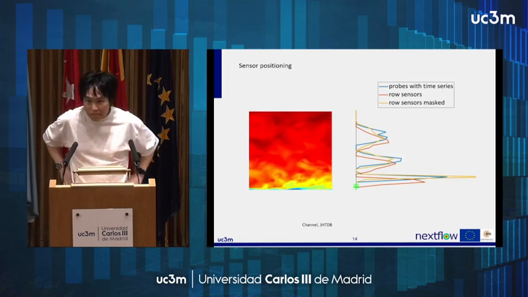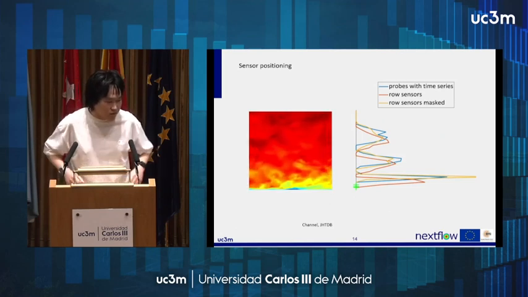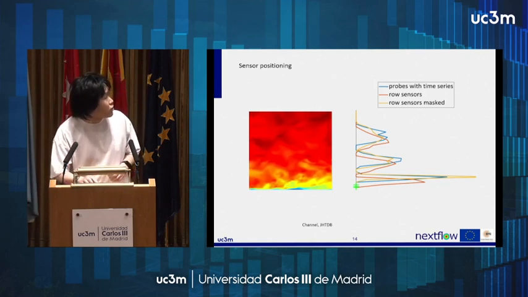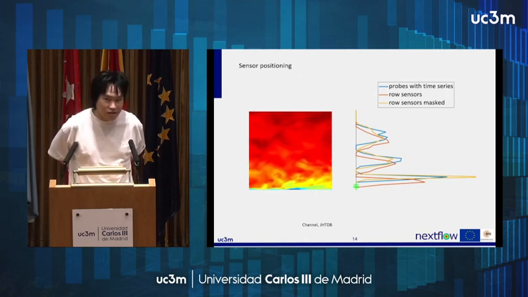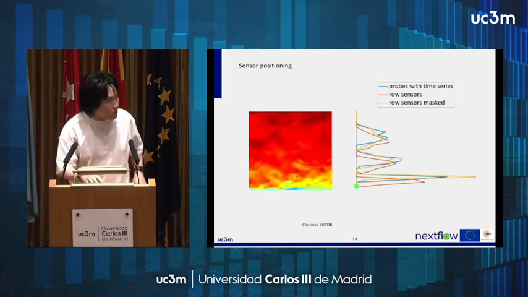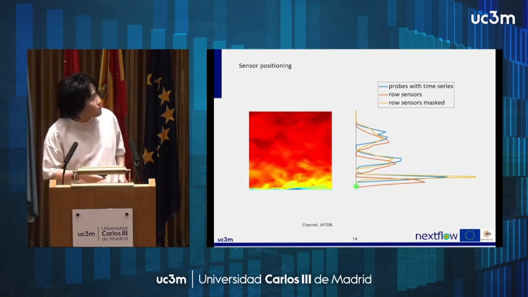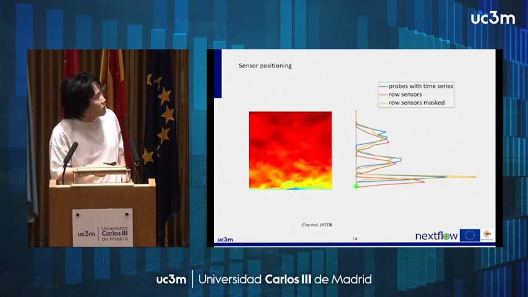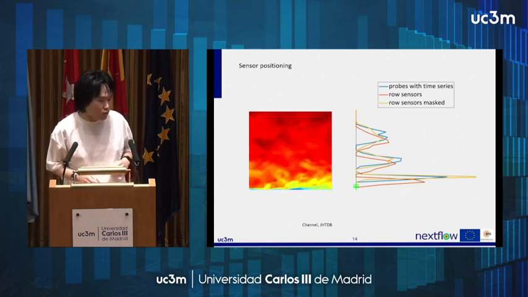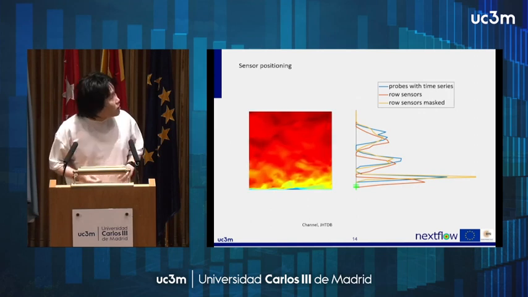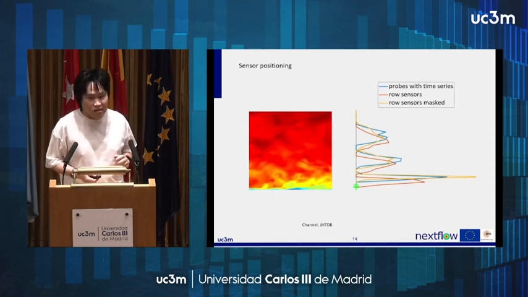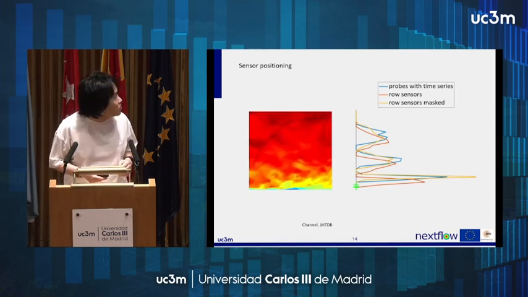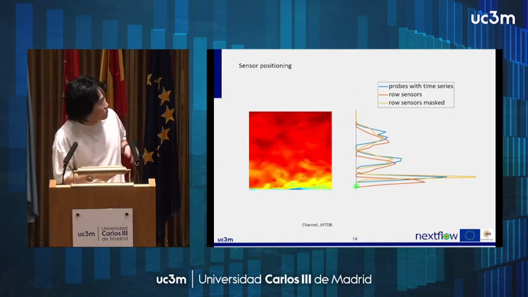Also, the test on channel flow from the Johns Hopkins database confirms this rule, and we should notice that the probes are more preferred near the wall position, but not very close to it, because the data loses fidelity so fast if we put them too close to the wall.